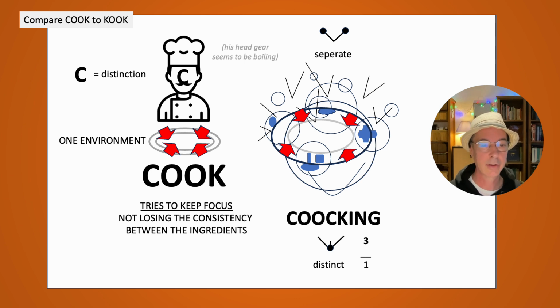So he's cooking and tries also to keep its focus in this way, not in the same way as with the K, trying not to lose the consistency between the ingredients, because the ending is also K. It will break apart because of this process, so it has to keep its attention, it has to keep its distinction. The C is about distinction. Funny is that the C almost sounds also like to see, and that's what he's going to do. He's going to see what kind of distinctions he needs to use.